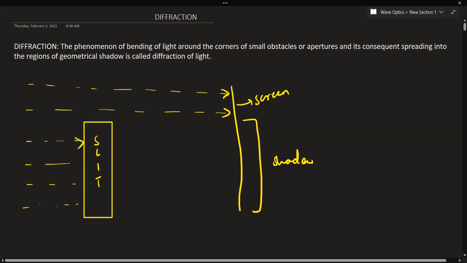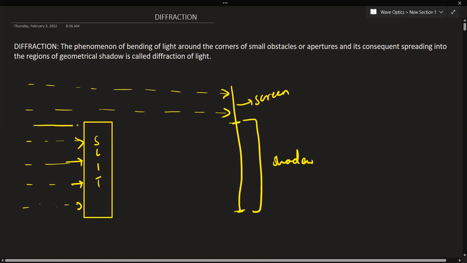Yes or no? There should be a dark opaque shadow over this side, which is equal to the length of this. Yes, ma'am. But see what actually happens. Only this part should have the dark colored region, that is the shadow. But in actuality, what will happen?